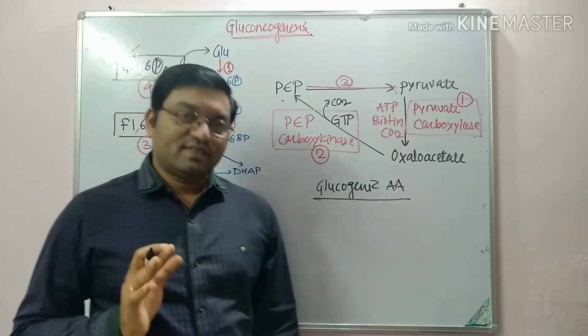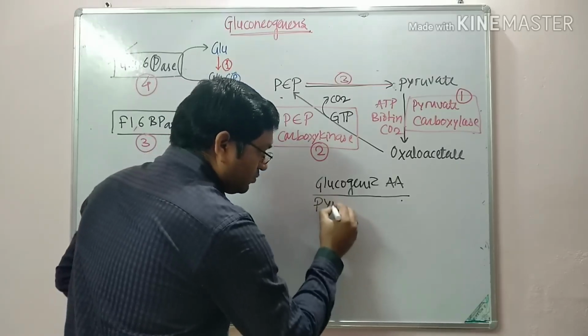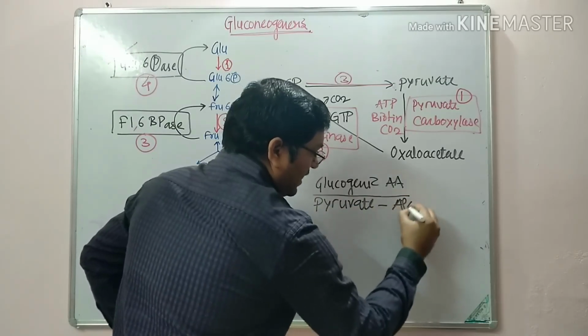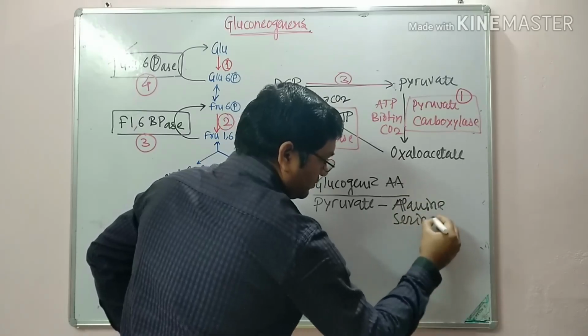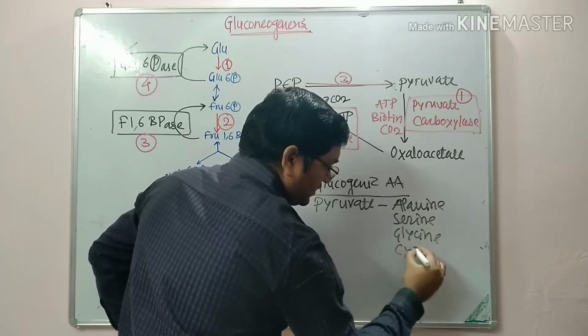intermediates of the TCA cycle. For example, pyruvate is given mainly by alanine, then serine, glycine and cysteine.